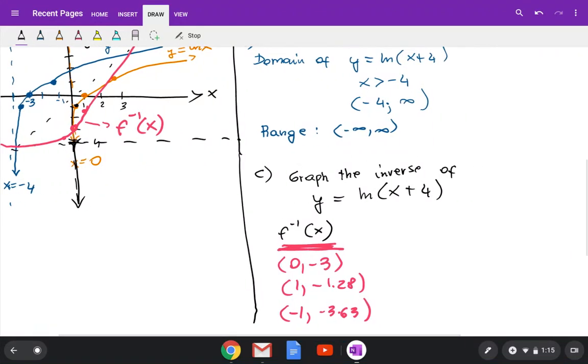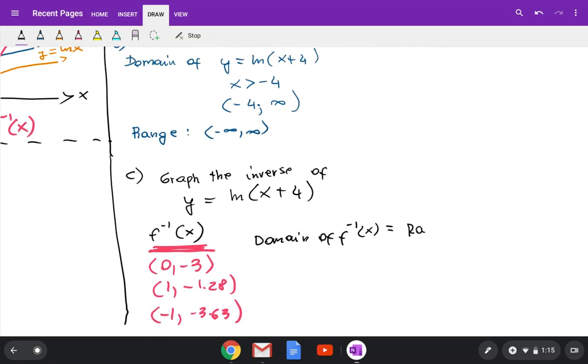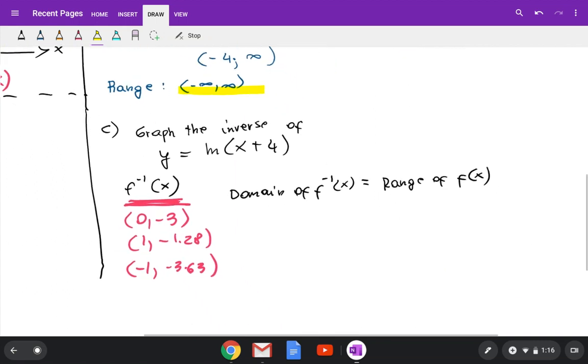We need to find the domain. So here, the domain of the inverse is the same as the range of the original f of x. The range of f of x was from negative infinity to positive infinity.